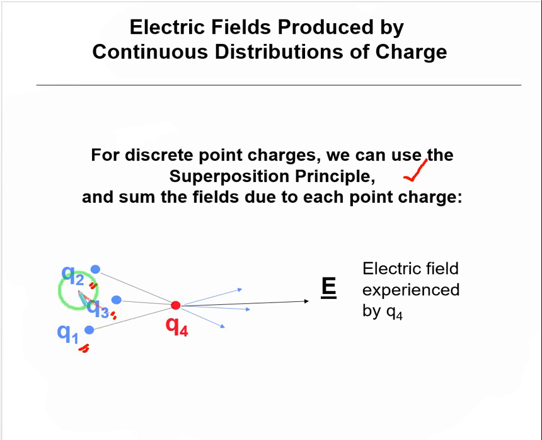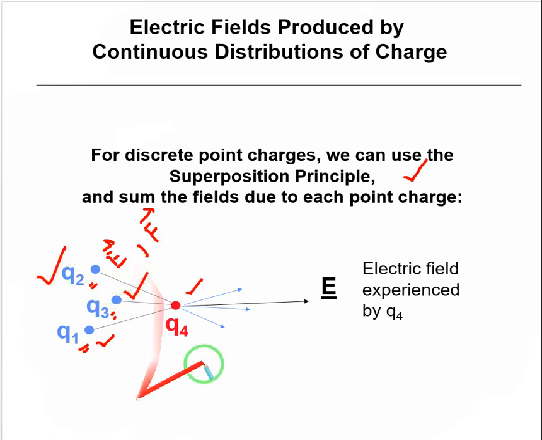These q1, q2 and q3 generate an electric field, and due to the electric field we also have an electric force. This is charge q4, and this charge q4 experiences electric field or electric force due to q1, q2 and q3.